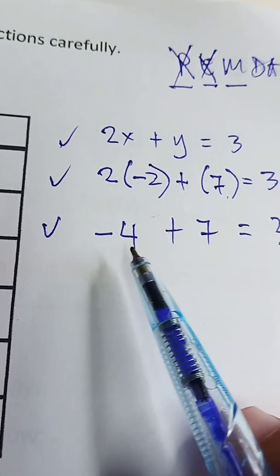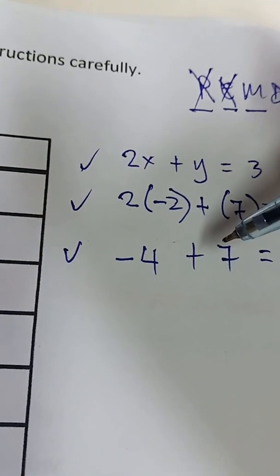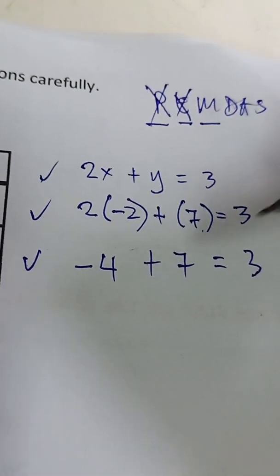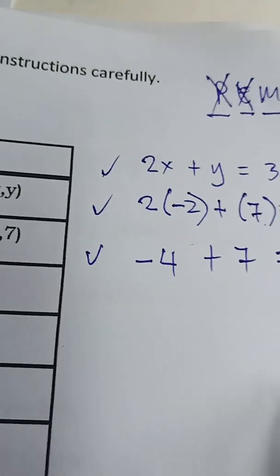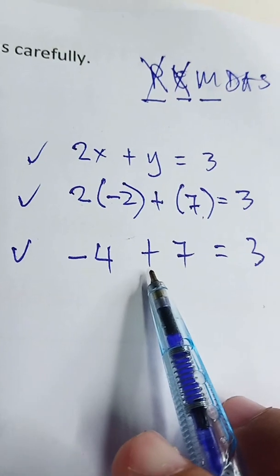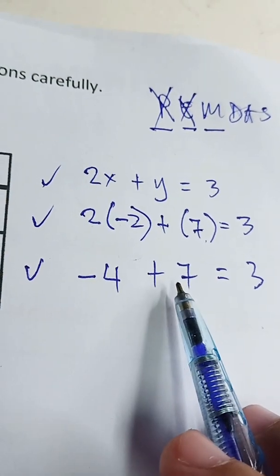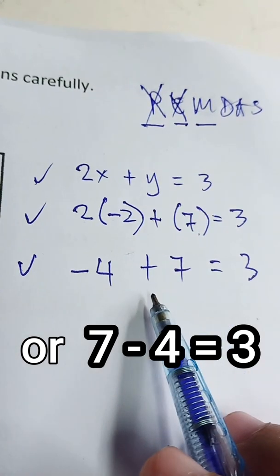So, we have negative 4 plus 7 is equal to 3. We will apply the rule again that we call laws of signs or rule of signs. Instead of adding, since they are unlike signs, we will subtract. So, 4 minus 7 is 3.